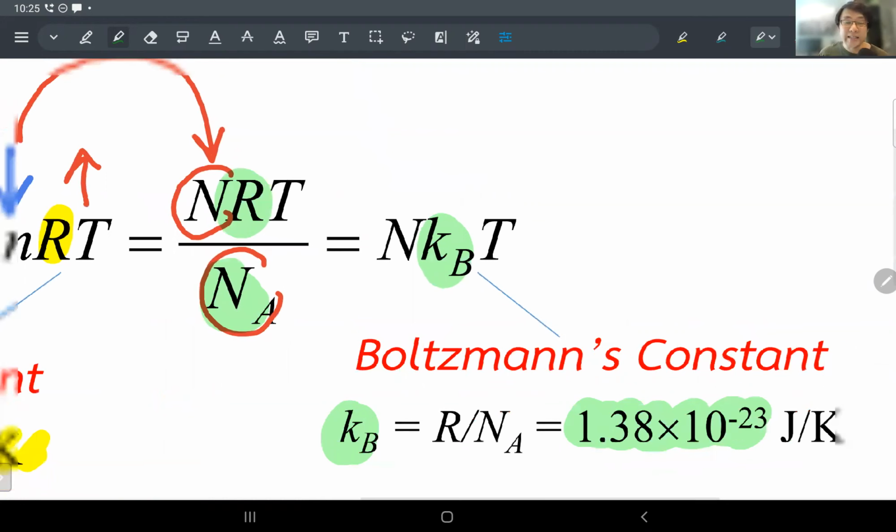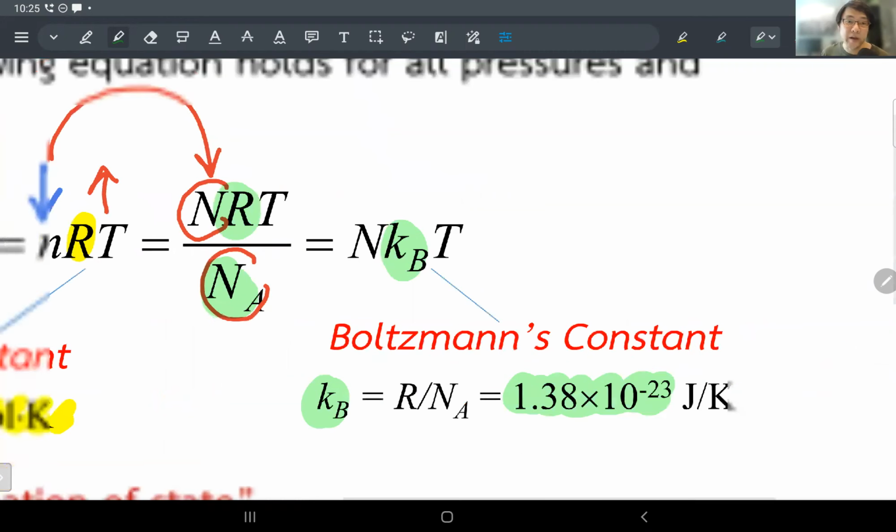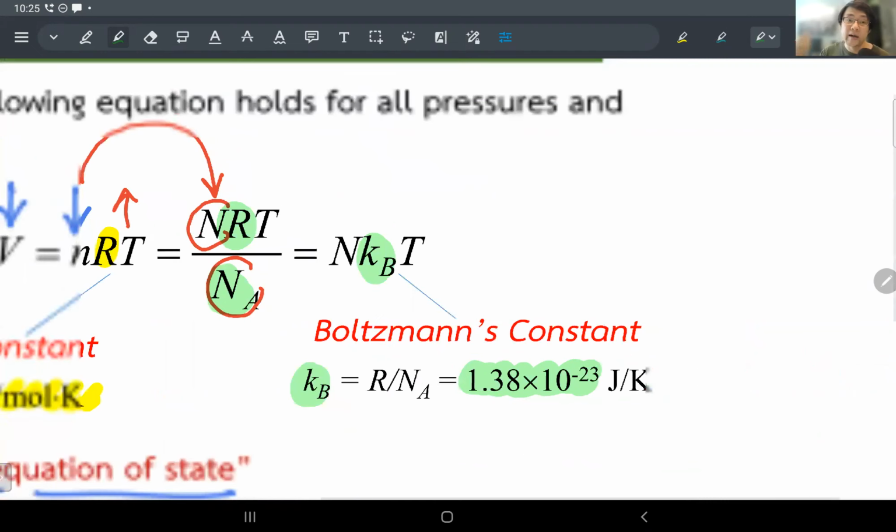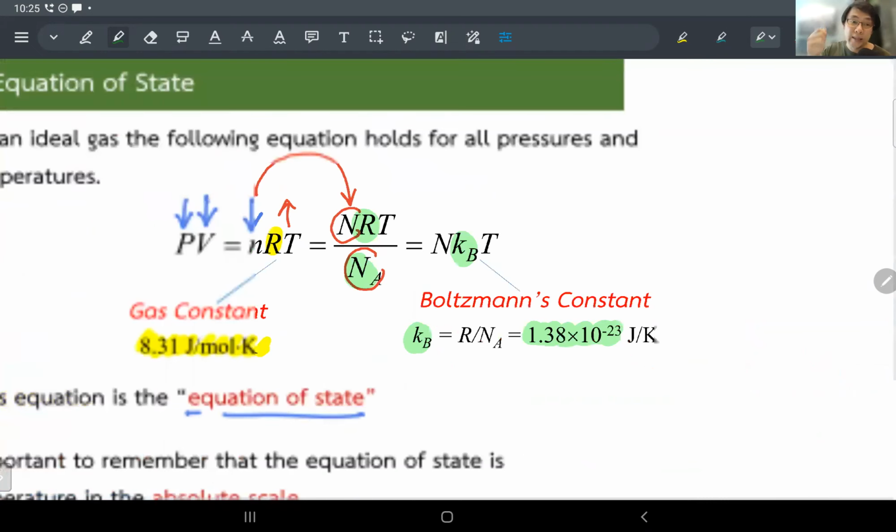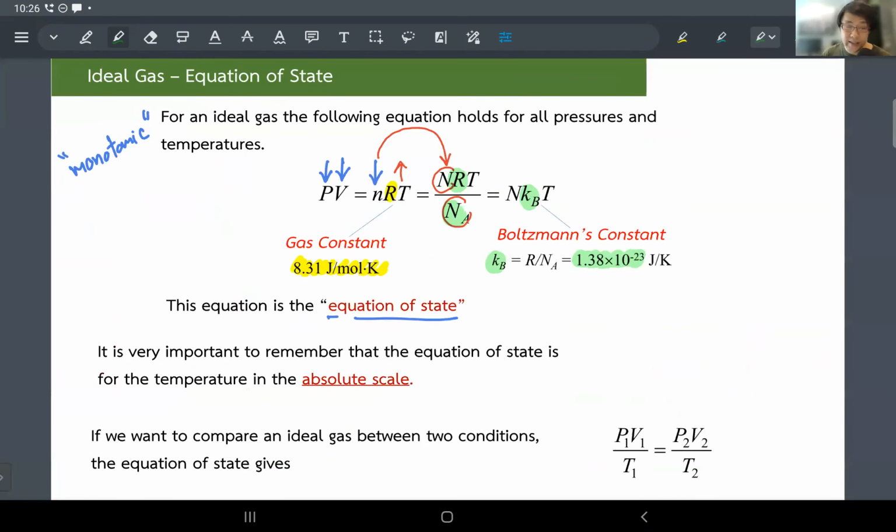So that's the nice thing about this gaseous system that we are about to study. It always follows this gas equation, or the equation of state: PV equal to nRT, or PV equal to capital NkT. Now this is one example that I discussed last time.